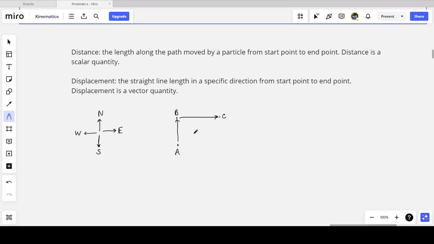Again, my diagram is not going to be completely accurate, but let's say you walked a distance of 300 meters from A to B, you went to visit another friend, and that from that friend's house, from B to C, you went to visit another friend, and that distance was, let's say, 400 meters. You can obviously see where I'm going with this.